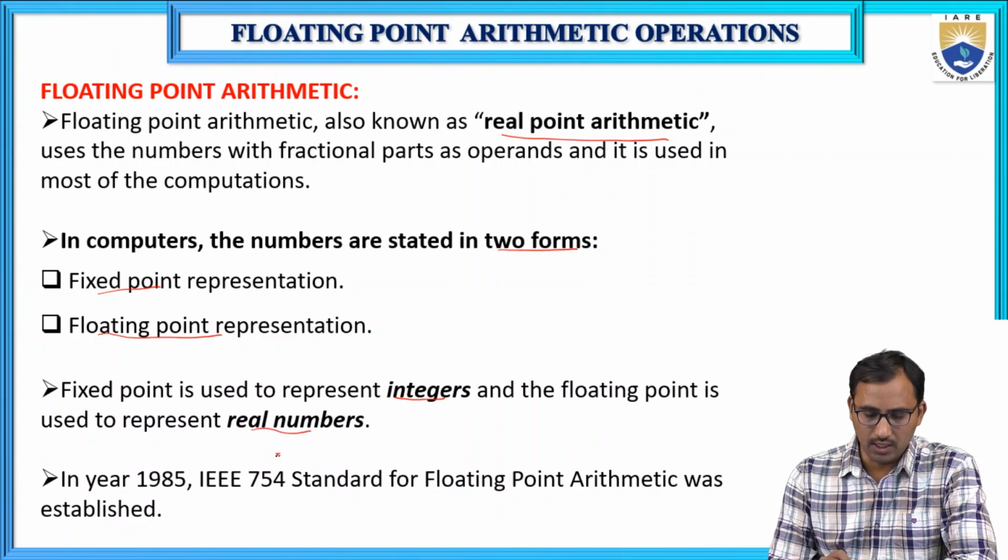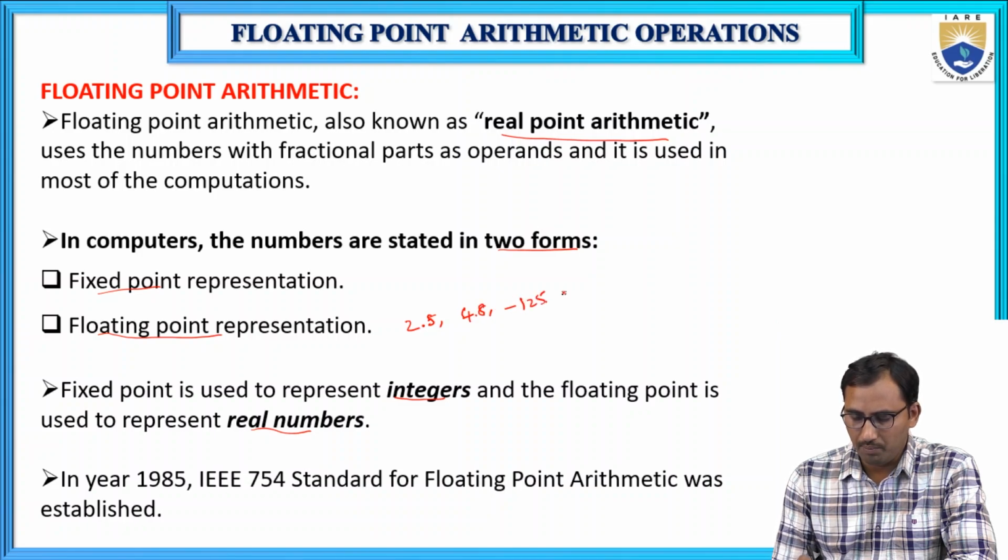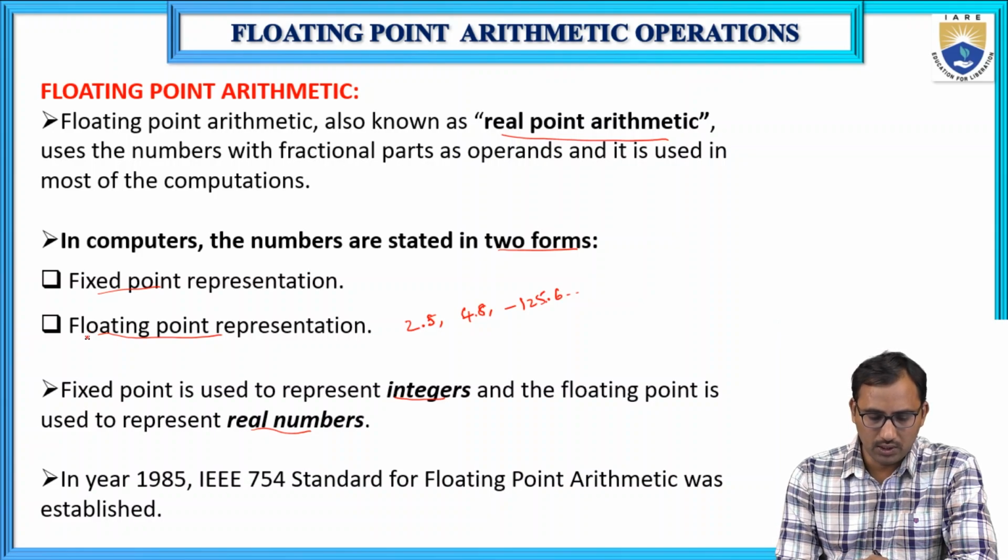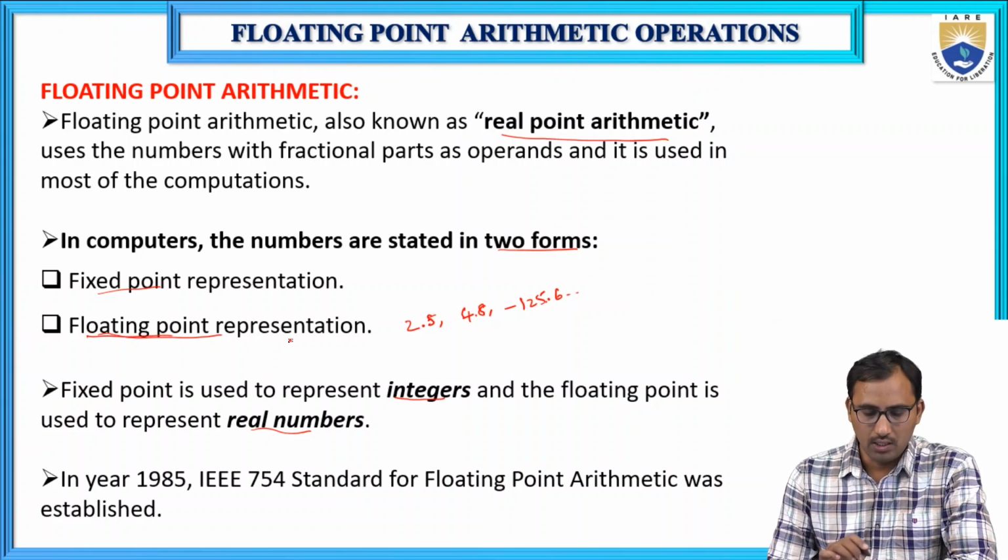Real numbers here means floating point numbers like 2.5, 4.8, minus 125.6, that is, numbers with fractional parts. To represent such numbers, we use the floating point representation.